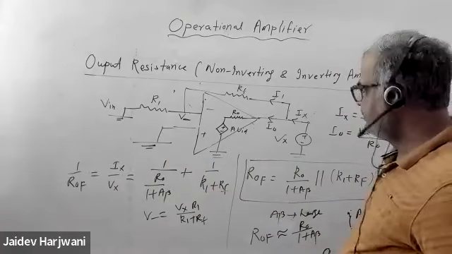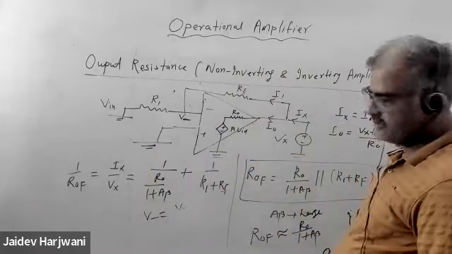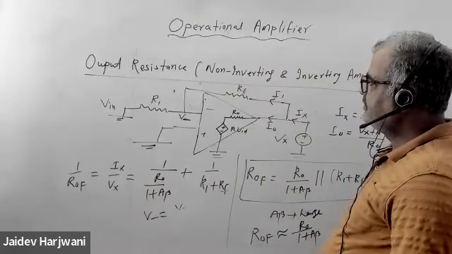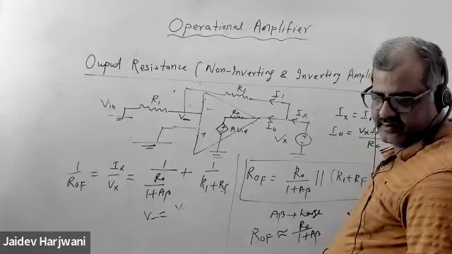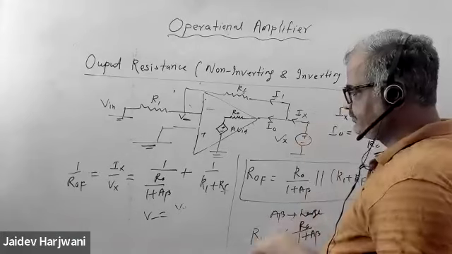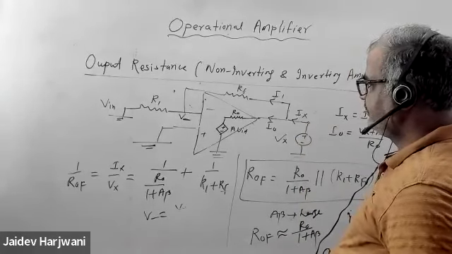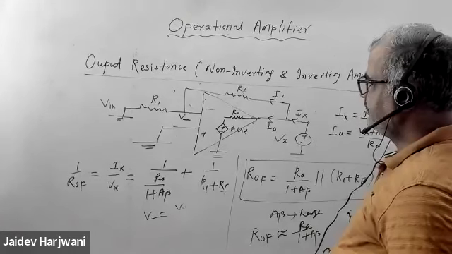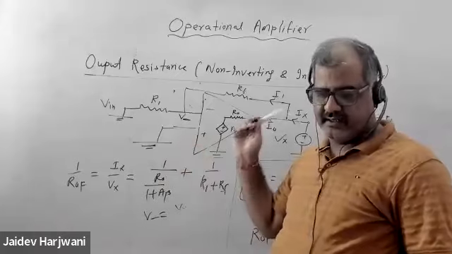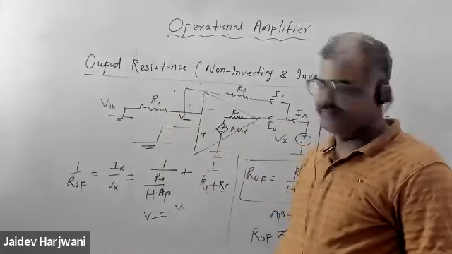Okay sir. At the starting, you said one thing, sir, for both non-inverting and inverting, we have to do something. Both are same, because when I'm calculating output resistance, I have to make all the voltage and input 0.